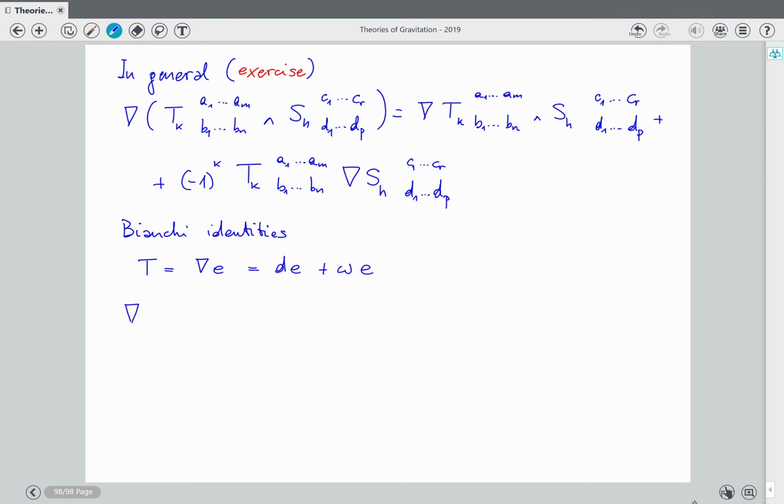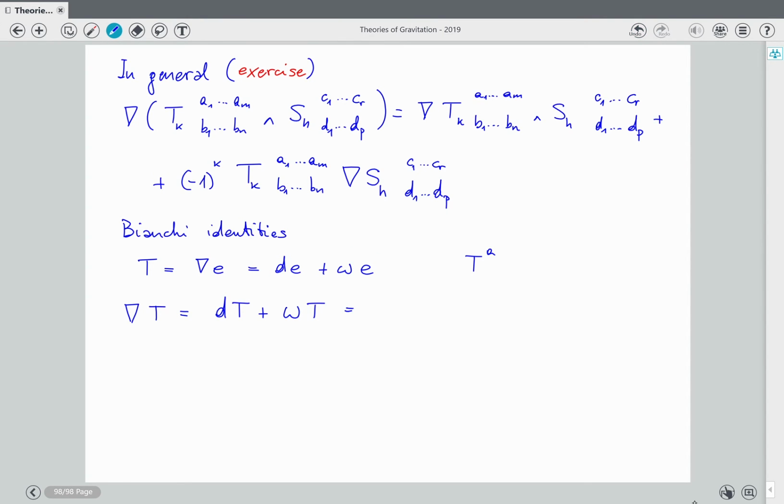del. Let's compute del T. And let us recall that T is a T^A, one index. So its covariant derivative is very similar to the covariant derivative of the vielbein, because it has just one index. Now we replace this thing here.